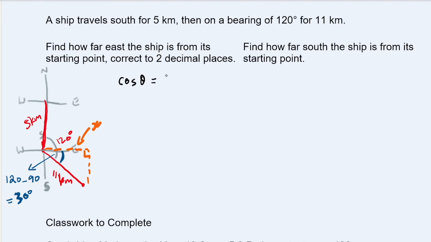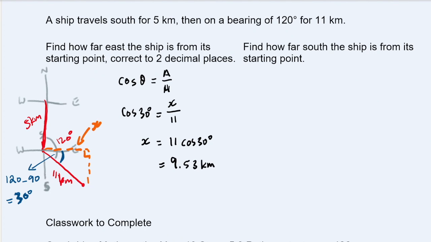So cos theta equals A over H. So cos of 30 degrees equals X, because that's the adjacent side, over 11, which is our hypotenuse. X is going to be 11 times cos 30 degrees. If you whack that into your calculator, you should get 9.53 to 2 decimal places. And that's in kilometers.